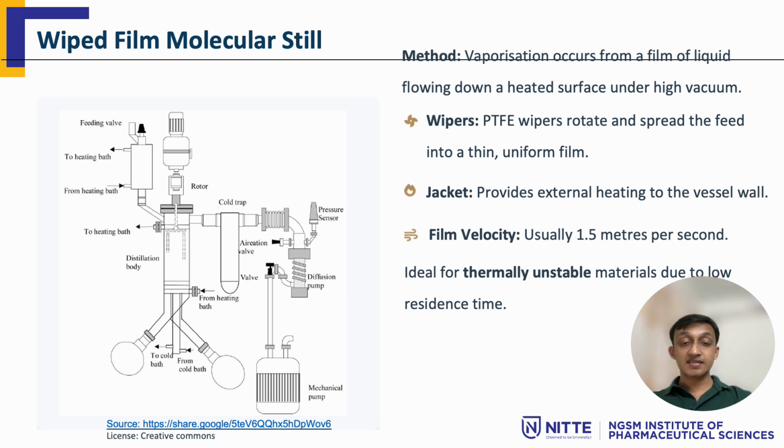Additionally, the liquid film moves downward due to gravity and mechanical action with a typical velocity of about 1.5 meters per second. This results in very short residence time, reduced exposure to heat, and prevention of thermal degradation. This method is highly effective for heat sensitive drugs like vitamins, fatty acids, and bioactive compounds.